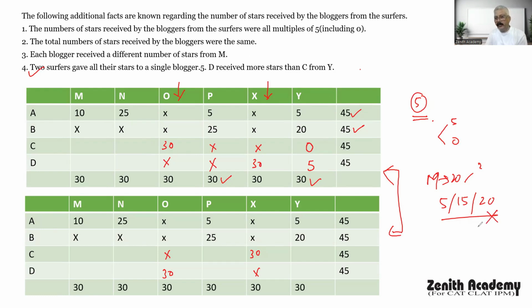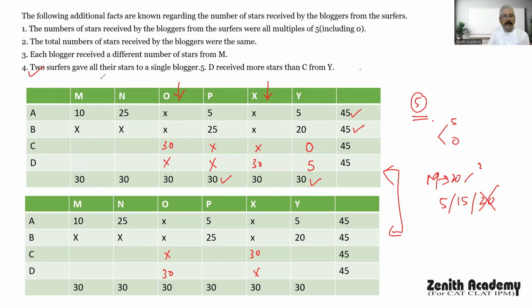So 20 is not possible. If M gives 20 stars to C, then 20 plus 30 is 50, more than 45. Or if you take 20 with D, then 20 plus 30 plus 5 is 55, more than 45. So 20 is not a possible case. It means the only possibility is 5 and 15, right?